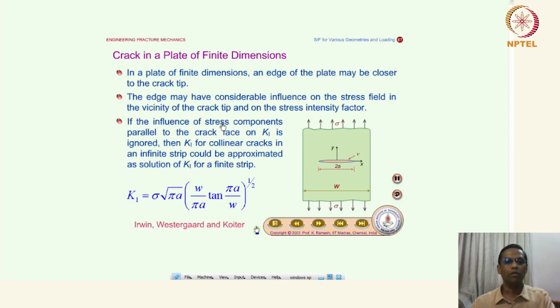Ignoring that influence, the stress intensity factor for a finite dimension can be of this type: K1 is equal to sigma into square root of pi a into W by pi a into tan pi a by W, to the power half.